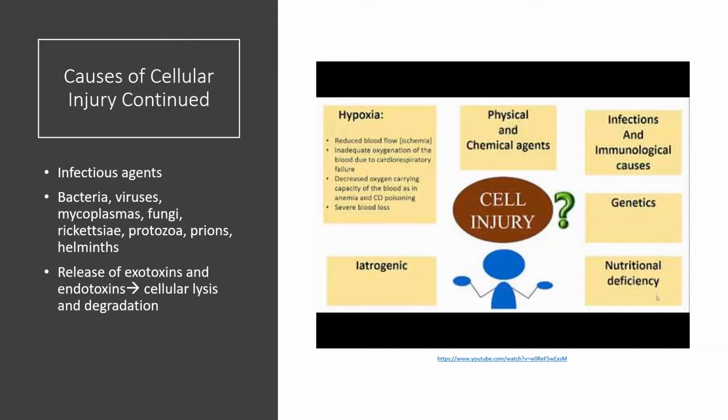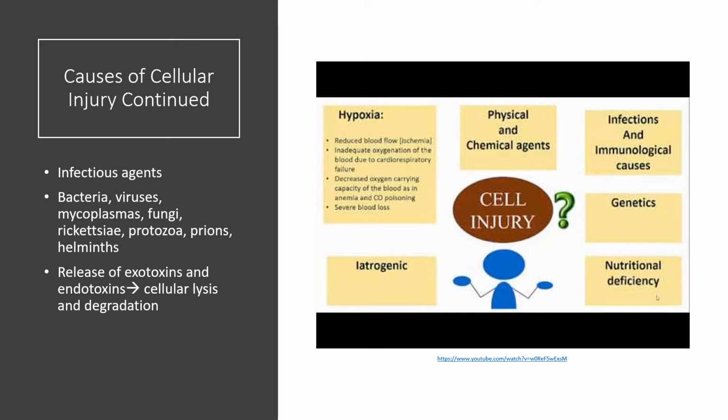Another type of infection could come from protozoa, or prions in the brain. Prions are misfolded proteins and could lead to multiple diseases, which we're going to talk about later in the course, such as Creutzfeldt-Jakob disease. Then there are the helminths, the tapeworms or the nematodes, and we'll talk about those more as well.